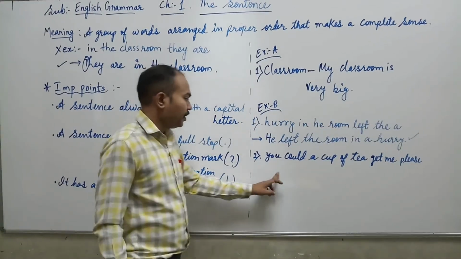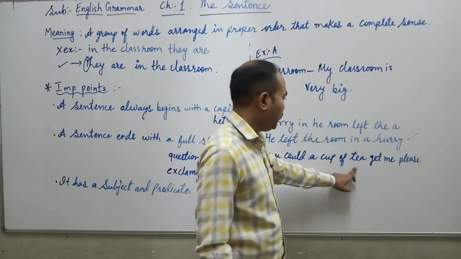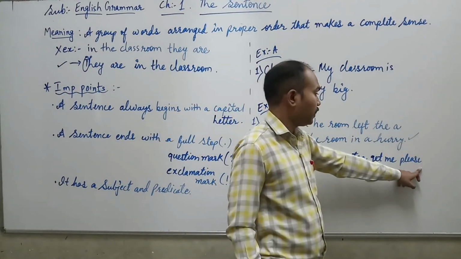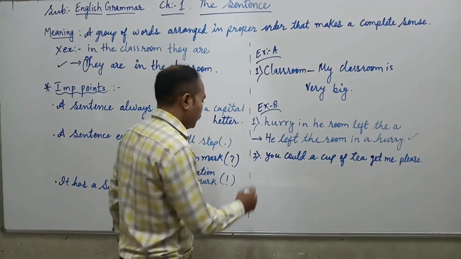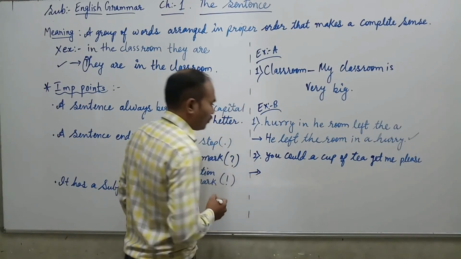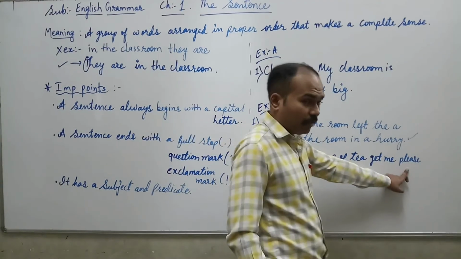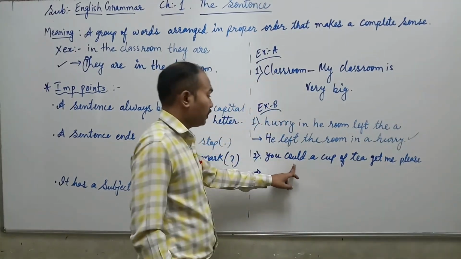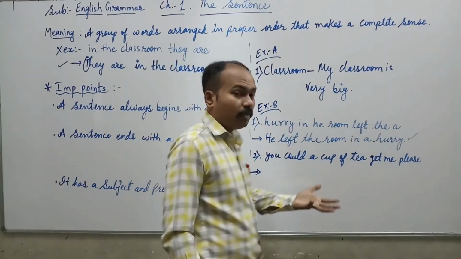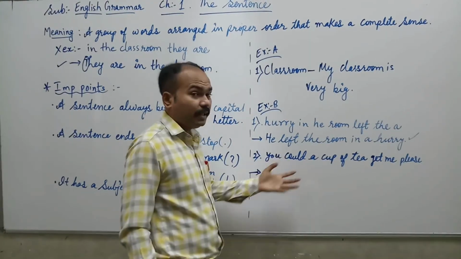Now question number 2: "You could a cup of tea get me please." We have to frame a sentence. If you see over here, please is given, so you have to make a request, and could is given, so we have to ask something. So we have to make it interrogative.